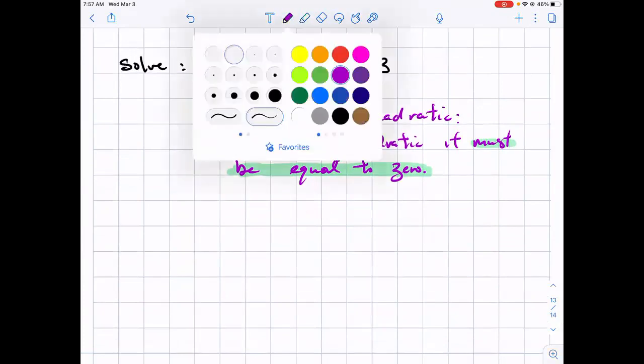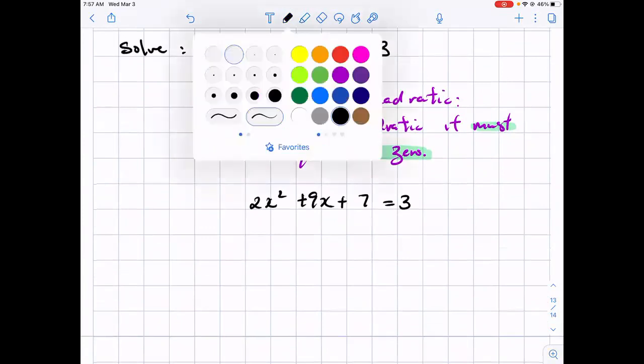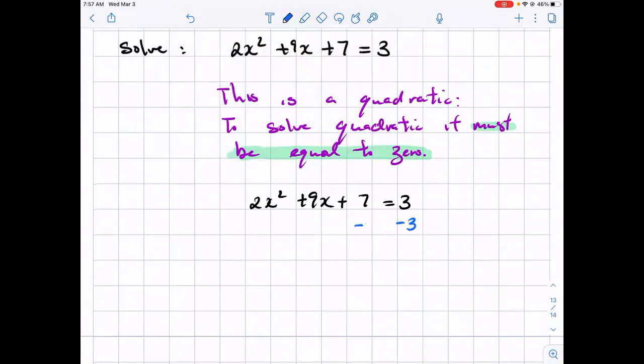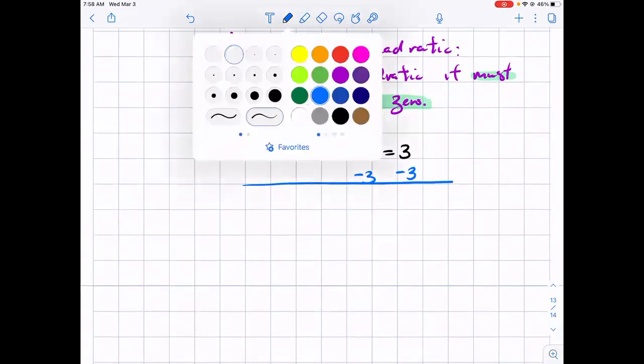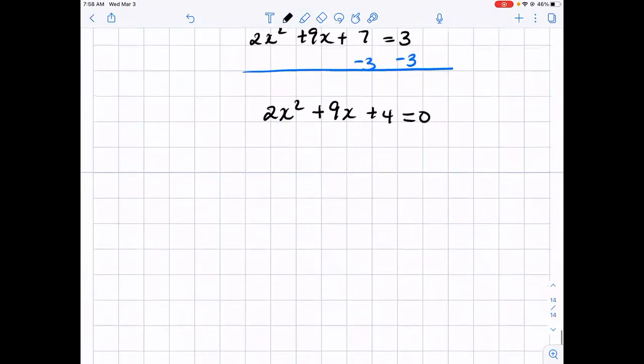So in our problem, we have 2x squared plus 9x plus 7 equals 3. The first thing we're going to do is minus 3 on both sides. If we do this, we end up with 2x squared plus 9x plus 4 is equal to 0. And now we will try to factor.